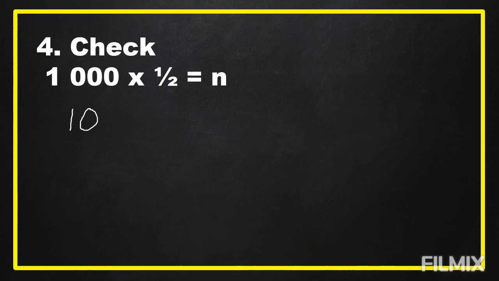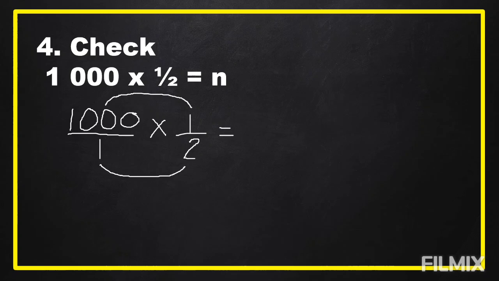1,000. We're going to put a denominator of 1. The denominator of all whole numbers is always 1. Then just copy times 1/2. Then we're going to solve what is n. As we know, in multiplying a fraction by a fraction, just multiply both numerators and both denominators.